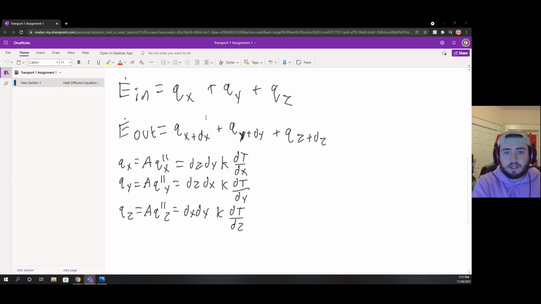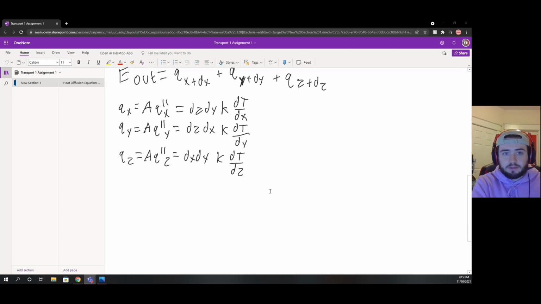Now we're going to break down the energy out values. The energy out values can be broken down through a Taylor series, and that looks like this.